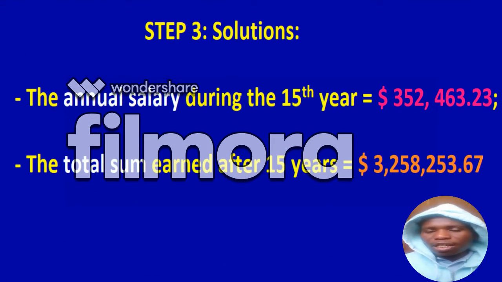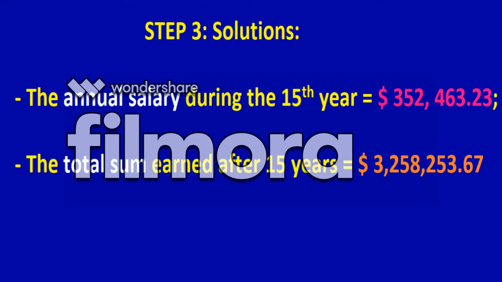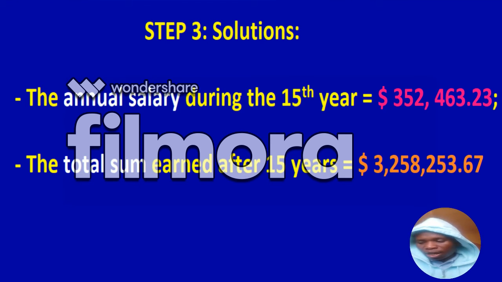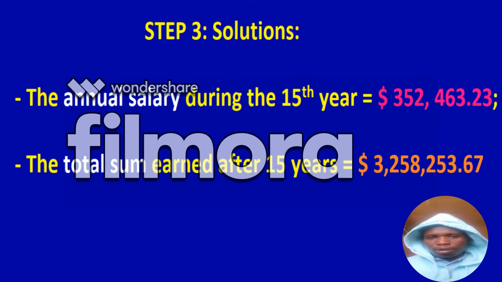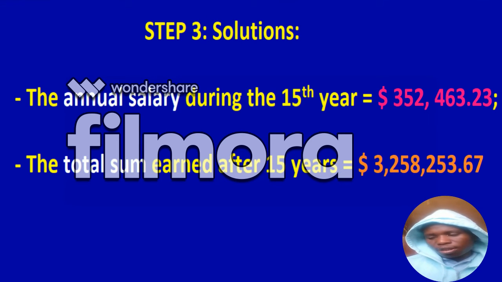And the final step is now to give our answers. The first answer is regarding the amount during the 15th year, and that is what we calculated at first as the 15th term. So therefore the answer to that question is $352,463.23.